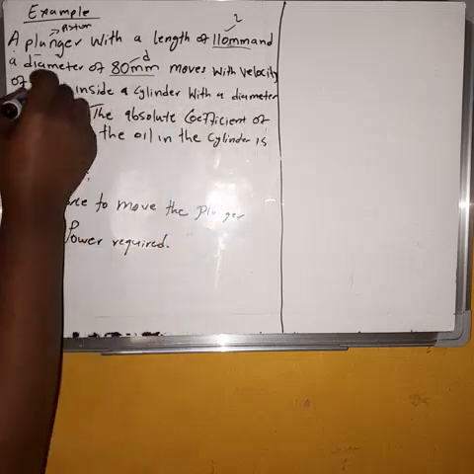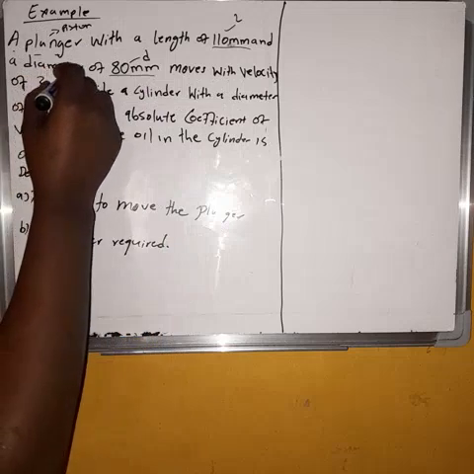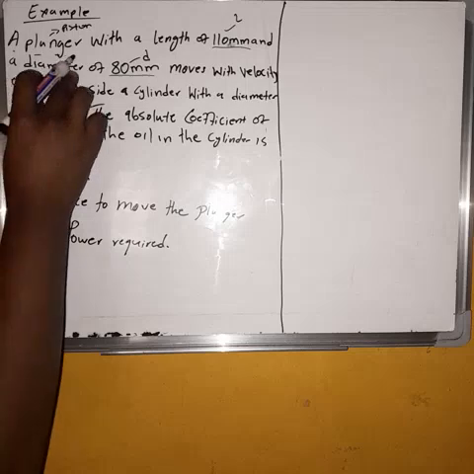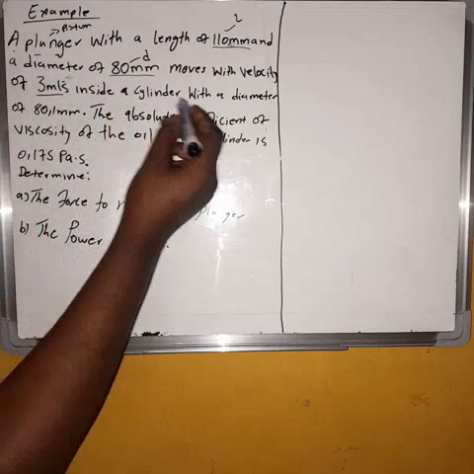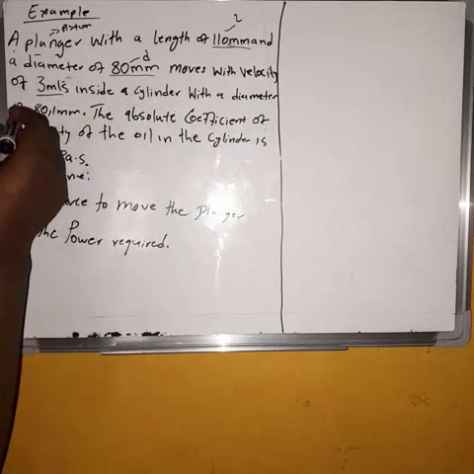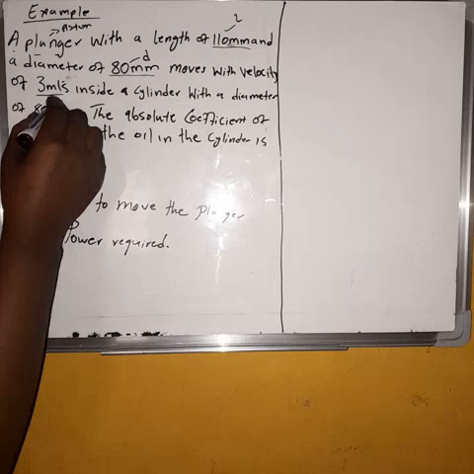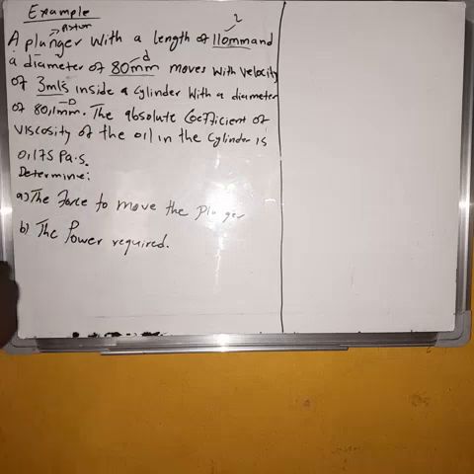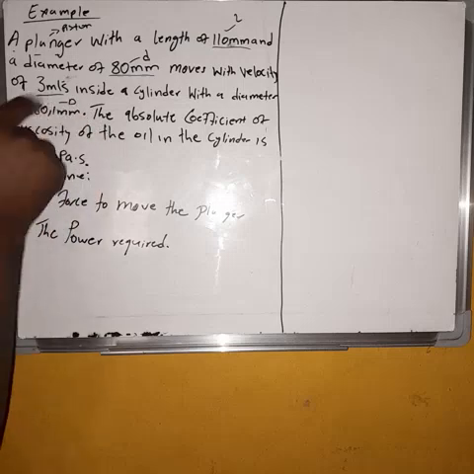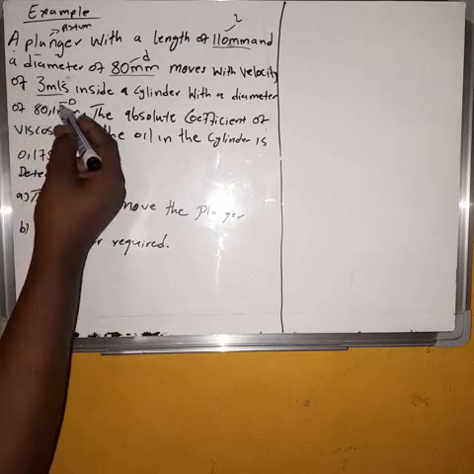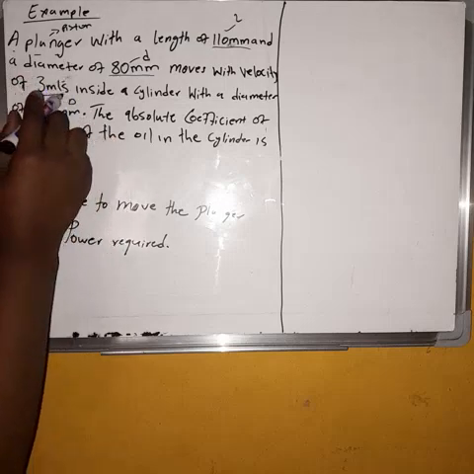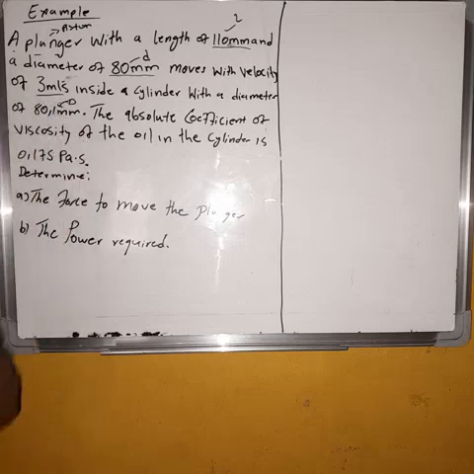It moves with a velocity, which is represented by x dot, inside a cylinder with a diameter of 80,1 millimeter. This big D is the diameter of the cylinder.